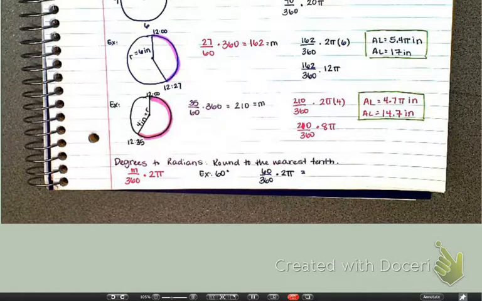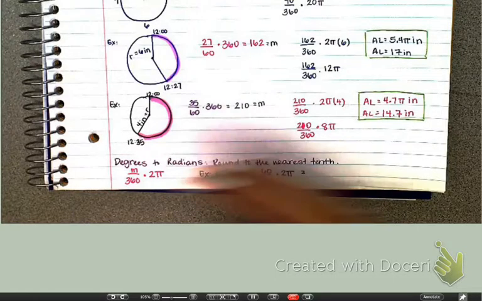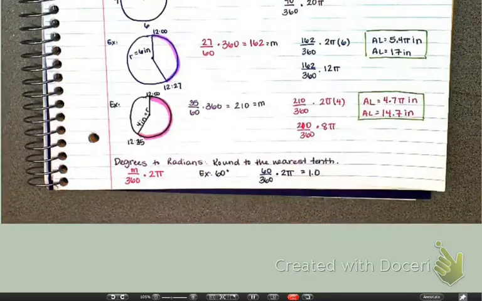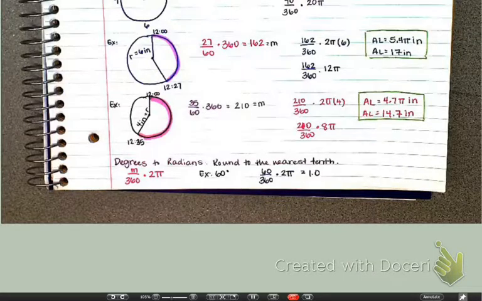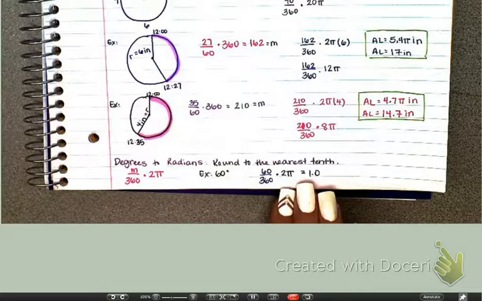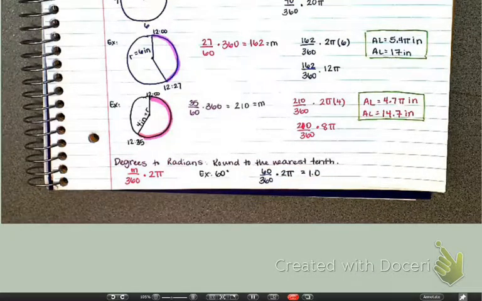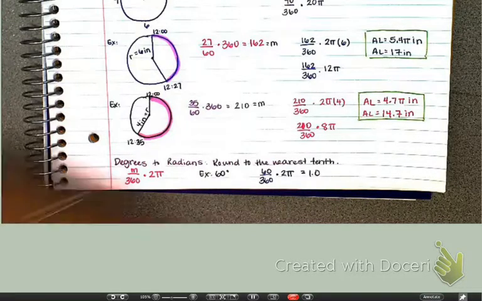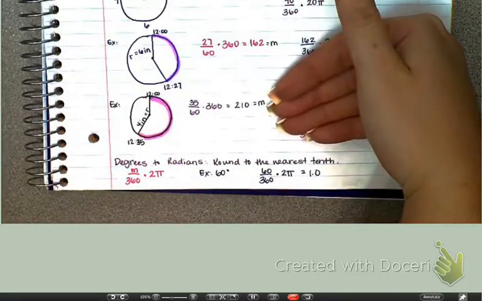What do we get? 1. Technically 1.0. Okay, this is as far as this part is going. So you just have to be able to plug that into your calculator. I'm more concerned that you can find arc length and do these clock problems.